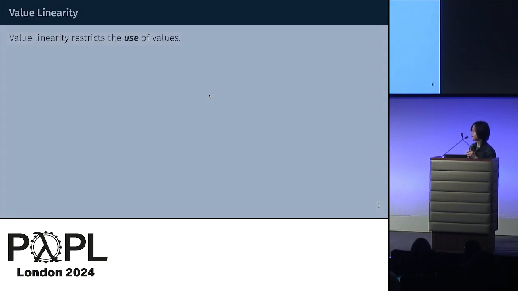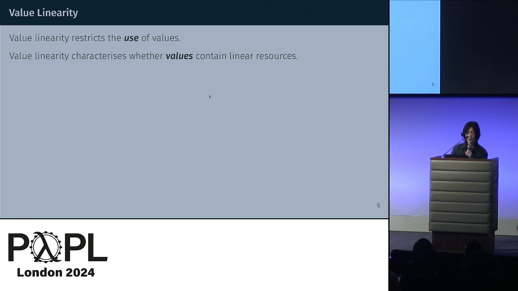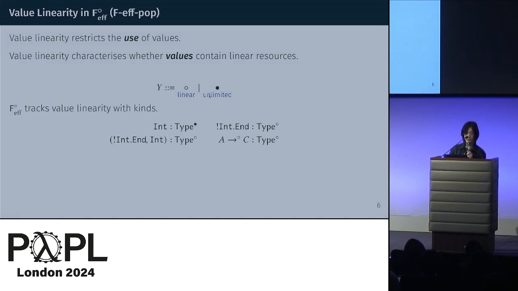Okay, so before we get into control flow linearity, let's revisit what value linearity is. It restricts how we can use a value, or it characterizes whether a value can contain some linear resources or not. In a core calculus, which we call FF-POP, we define linearity as either a circle, which means linear, or a bullet, which means unlimited.